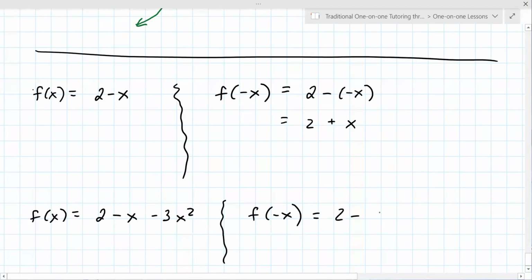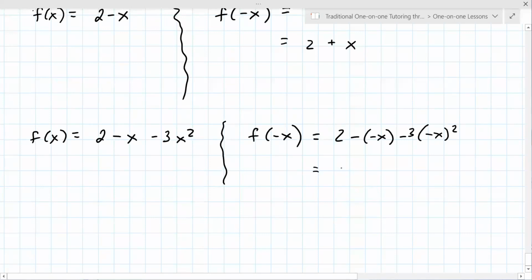Negative x minus 3 parentheses negative x squared. Okay, so I'm going to write my final answer: 2 plus x minus 3x squared. Does this match your answer?